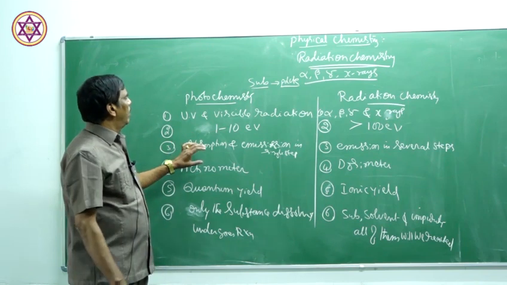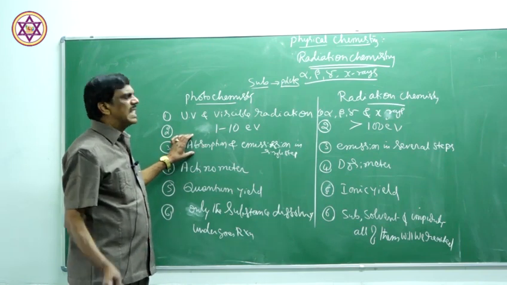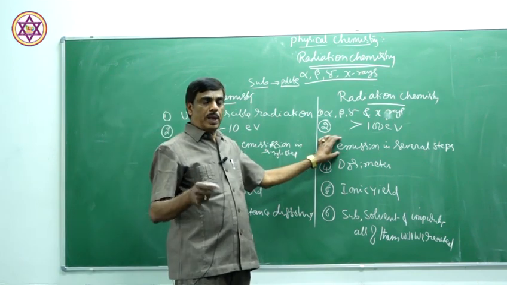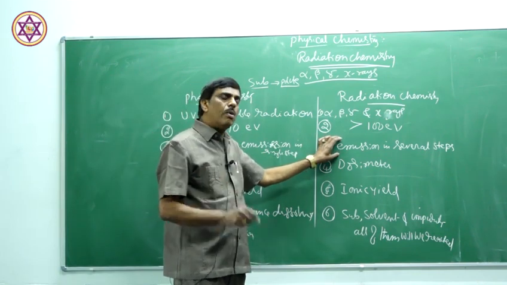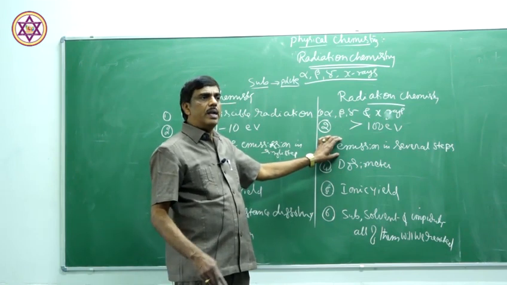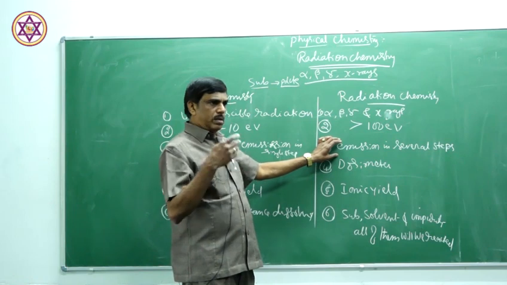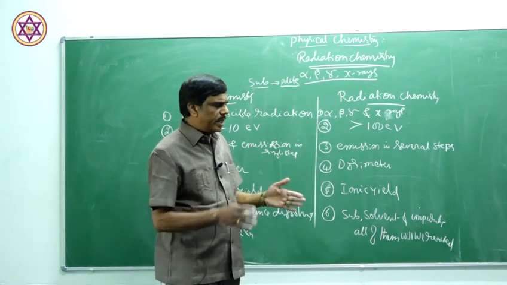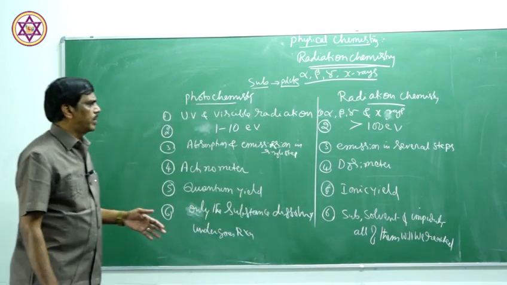The excited molecule will be converted into product, in a single step. Whereas here, absorption takes place in a single step, and the absorbed energy is responsible for further reaction. These secondary reactions, disintegration and decomposition, are of several steps.